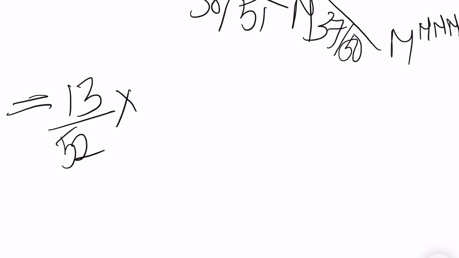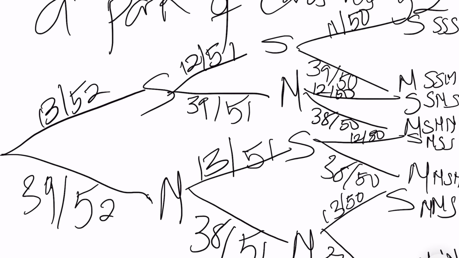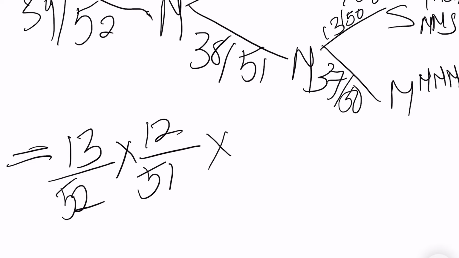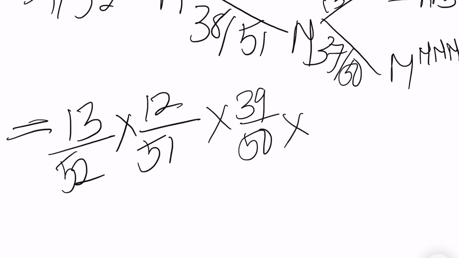So probability of getting at least 2 spades, we now have it to be 13 over 52 times 12 over 51 times 39 over 50, times 13 over 52 times 39 over 51.